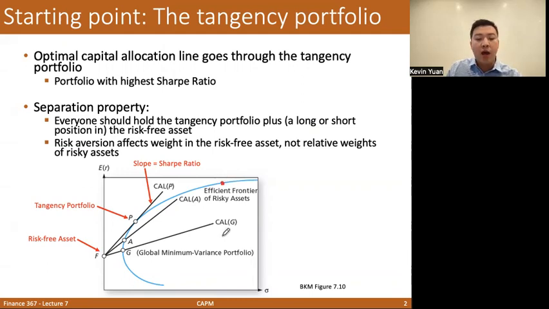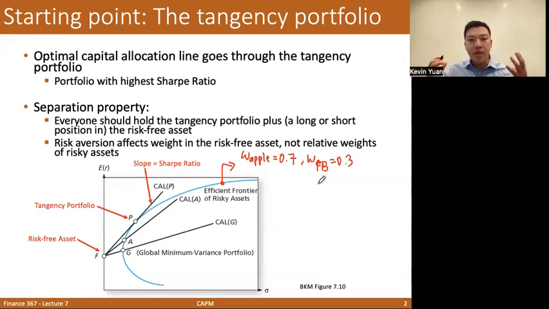Let's say I consider this red dot here, and this might correspond with a weight of, let's say, 70% in Apple stock and 30% in Facebook stock. Okay, that's possible. If I have in my universe the availability to buy Apple stock or Facebook stock, I simply construct weights of 70 and 30.